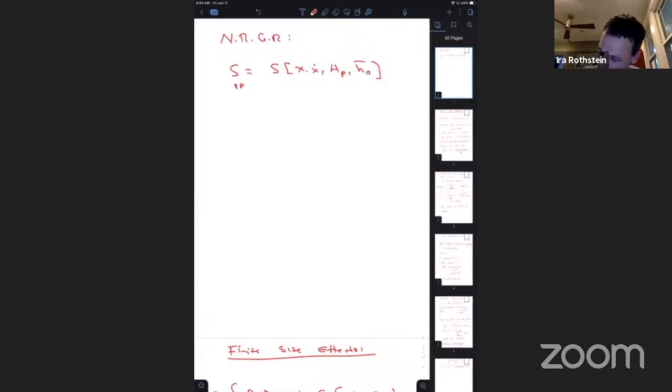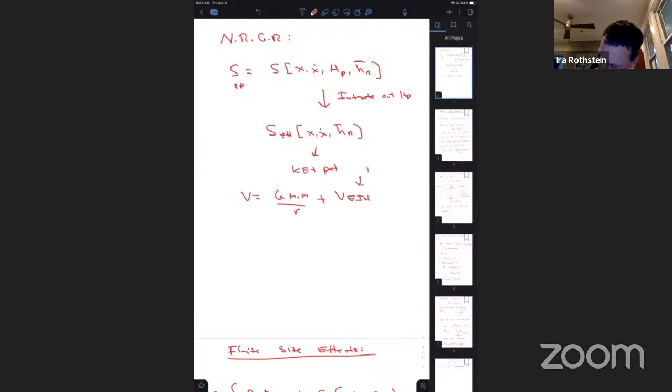And we said the first stage of the calculation is to integrate out the potential mode, which left us to an effective action which is a function now only of x dot, x and h radiation, where now the dependence on the x's has a kinetic piece plus a potential piece, where the potential is G m1 m2 over r plus V EIH, which we calculated. So this is the 1PN correction.